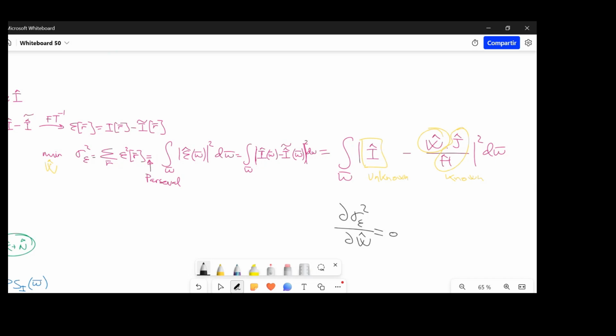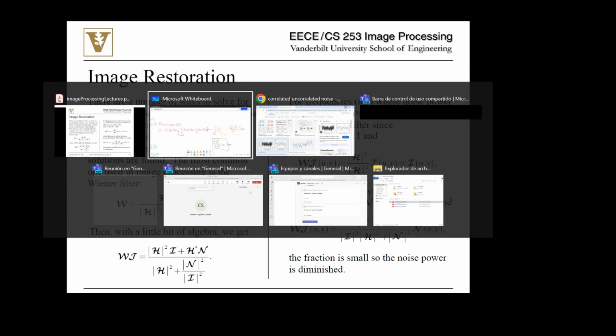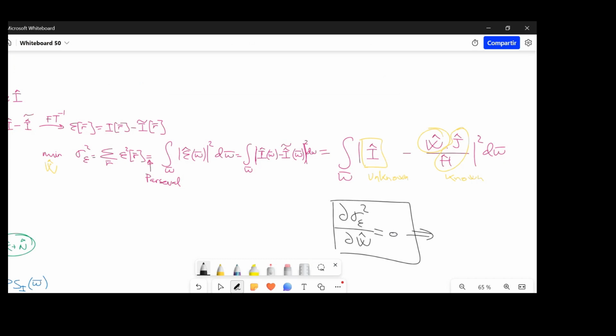It can be done. We will not do it, but this is the logic. You start with this. Then what is the filter? Filter is this one. So let's write. This is pretending that I know.